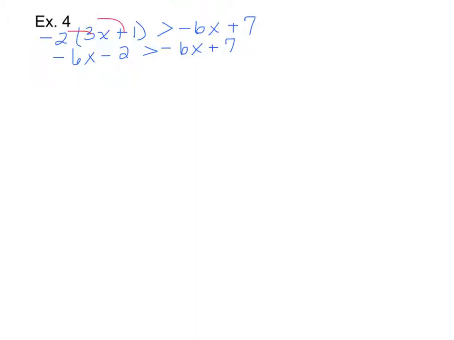But if you notice, either way, it's going to cancel, and you're going to get -2 is greater than 7. And we know that this is not true, so this is no solution. And no solution means that this is never true.